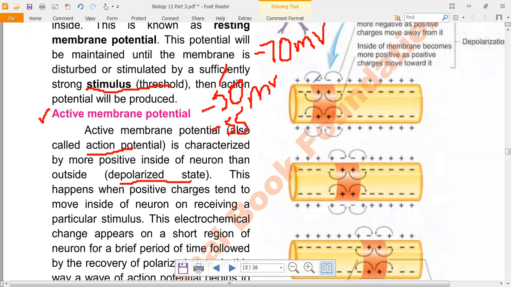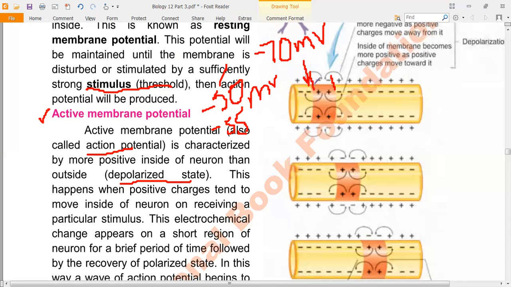What we have talked about, the sodium and potassium voltage gates, are present. When there is action potential, meaning a stimulus on this neuron, the sodium channel will be opened by the voltage, or the energy, which it got from the stimulus.